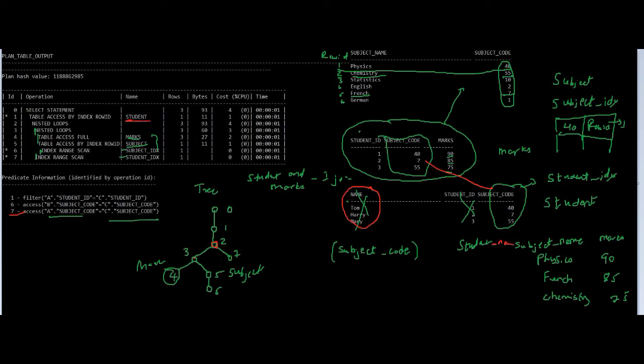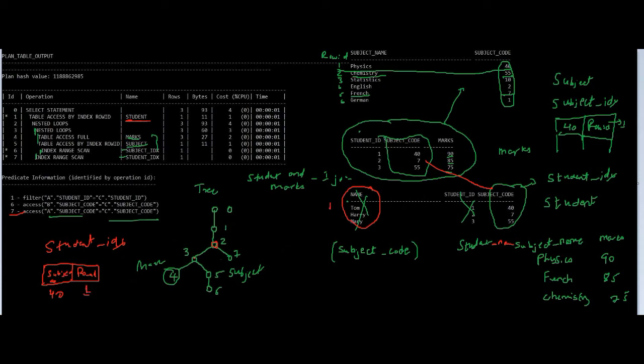So at point 1 we get all the student names with the help of row ID. Like I said, student IDX will have two columns: one is subject code and the other is row ID information of the student table. So it has subject code 40, which means it will know that it is row ID 1.